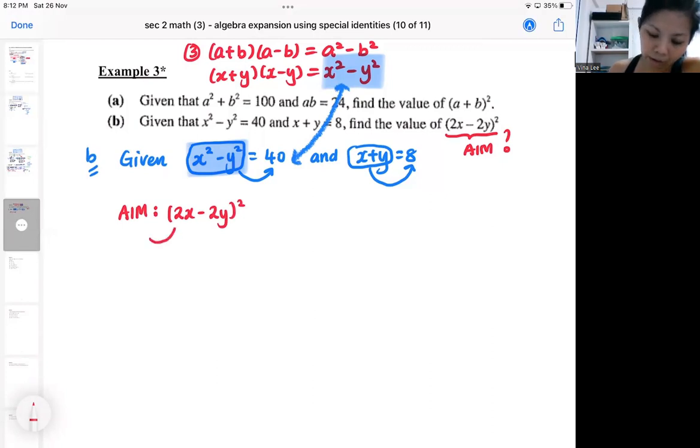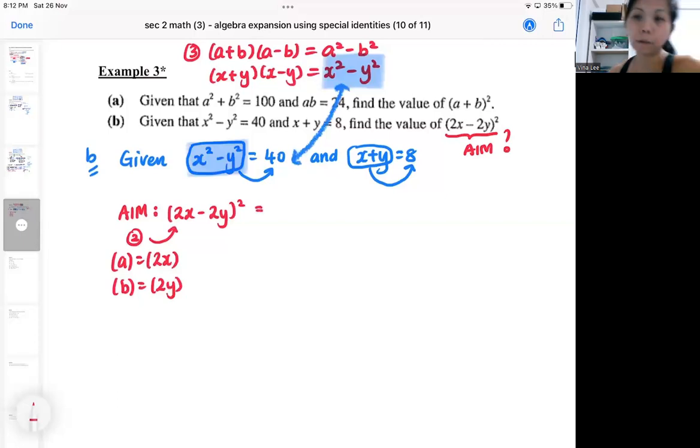Do you realize this looks like formula 2? A is 2x, B is 2y. So I'm going to apply the formula direct.